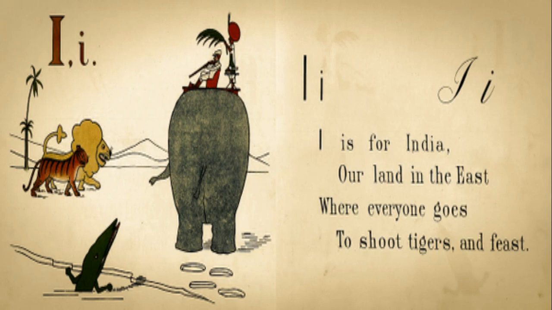Where India is not recognized even as a separate land or a separate people, it's simply portrayed as a plaything, right? Our land in the East, we go there to shoot tigers and feast. That the idea that these colonies exist simply for our enjoyment and our entertainment and to supply us with what we need.